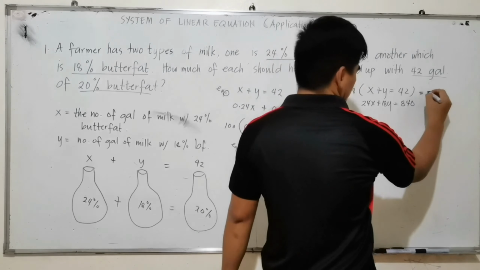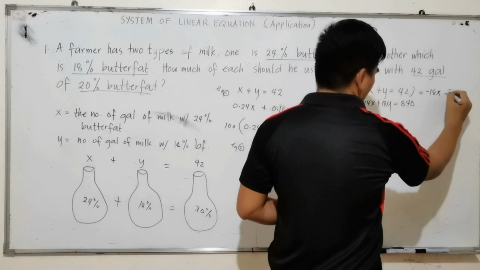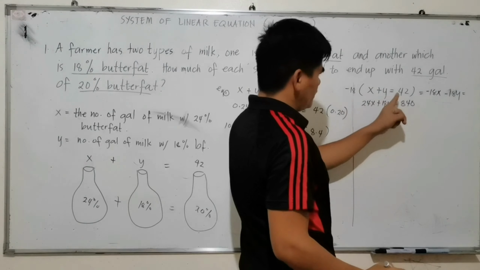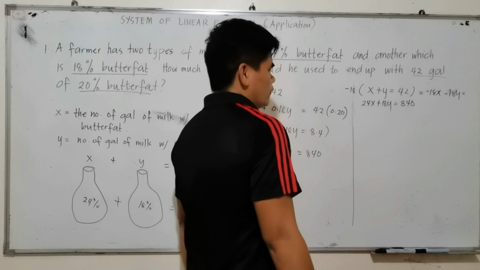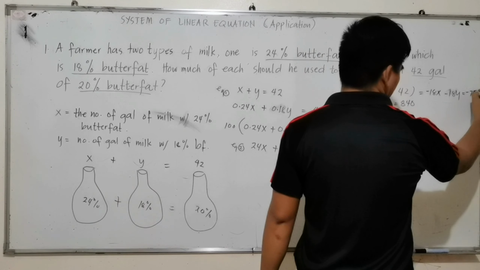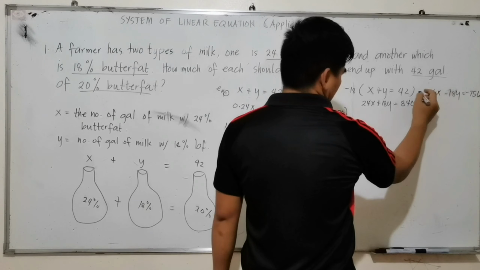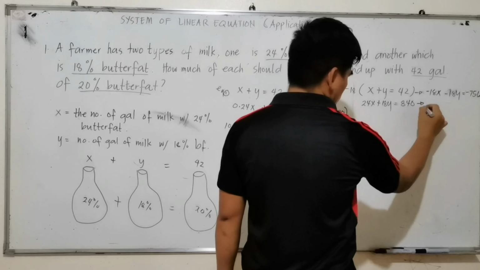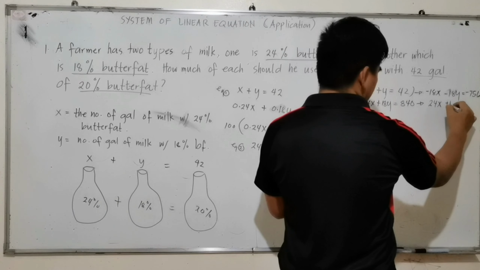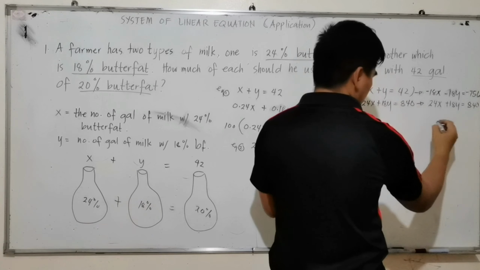So this becomes negative 18x minus 18y is equal to negative 18 times 42, which is negative 756. I will copy the second equation, so that will be 24x plus 18y is equal to 840.